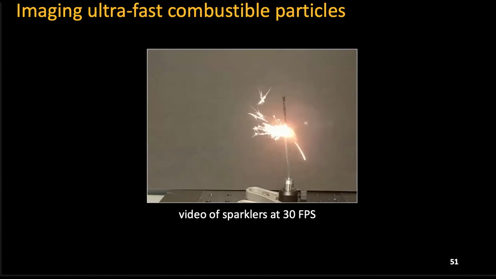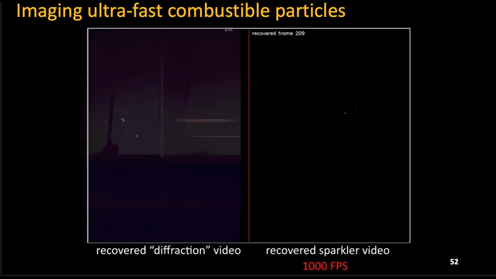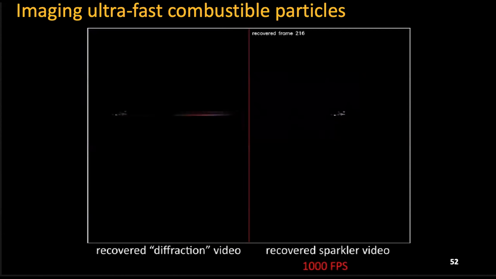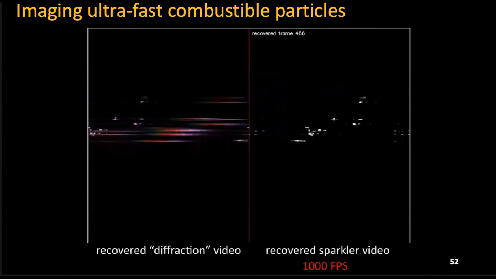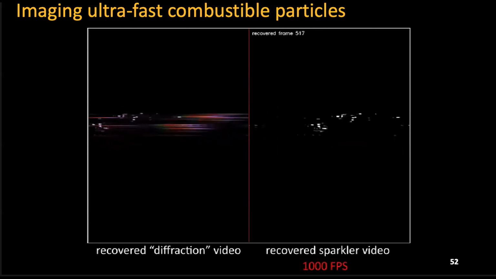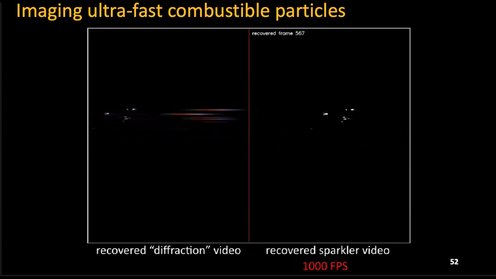By introducing a diffraction grating in front, you're able to capture, as shown on the right here, small sparkles that are falling and expanding. As you can see, the sparkle falls on the floor and then rebounds. All of that you can do because you're capturing things at high speed, but sparsely.